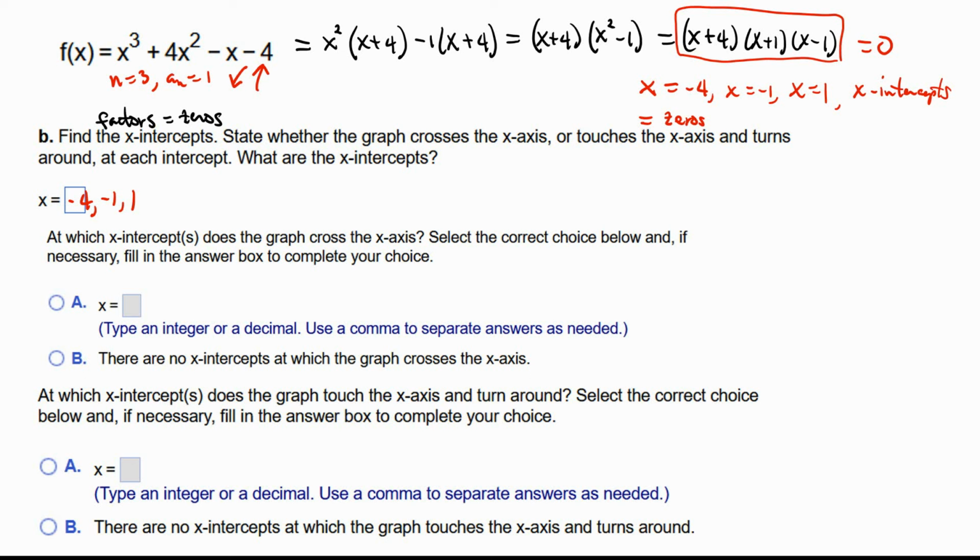So they cross here, and all of them. And since there is no x-intercept with an even degree, then we say here for this last part that there are no x-intercepts that touch.